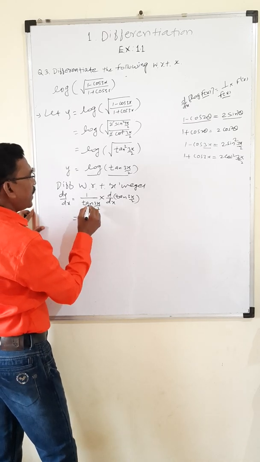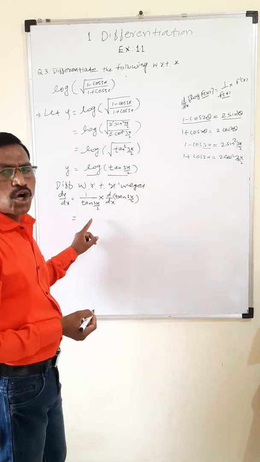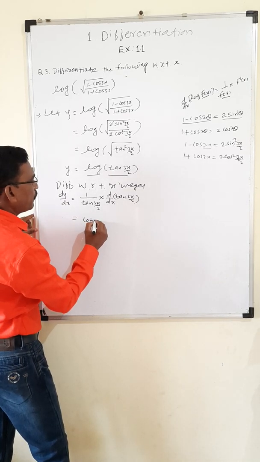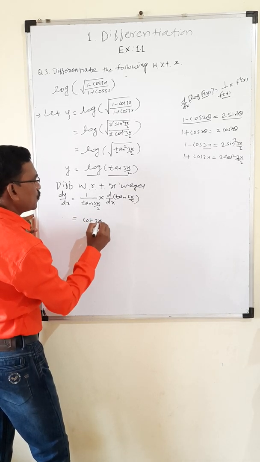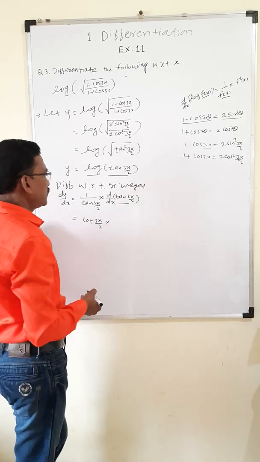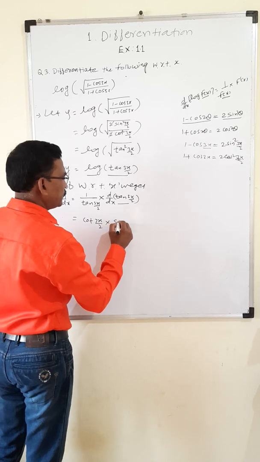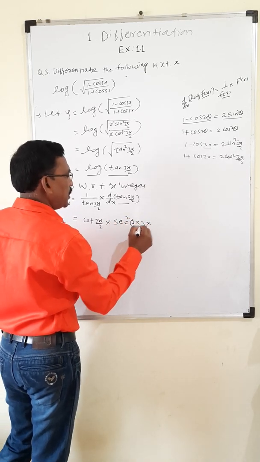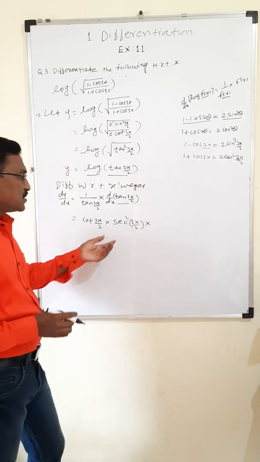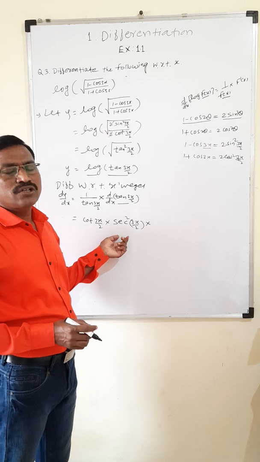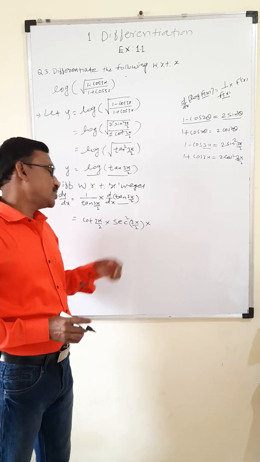It is equal to 1 by tan, and 1 by tan is cot. So cot of 3x by 2 into the derivative of tan, which is sec square 3x by 2, into, again, the derivative of 3x by 2, because this is a trigonometric composite function.